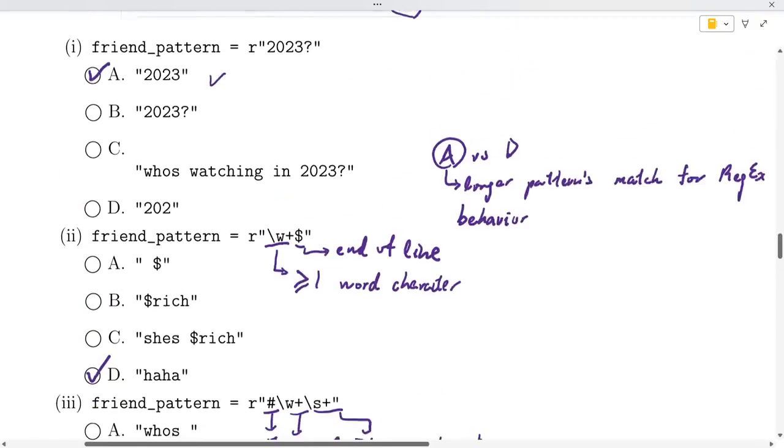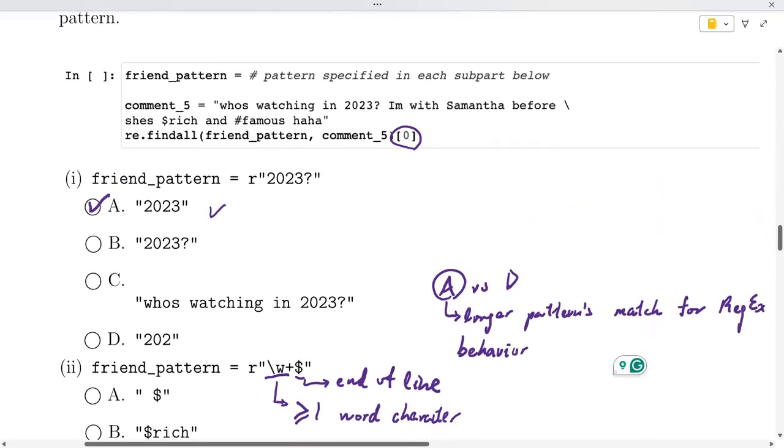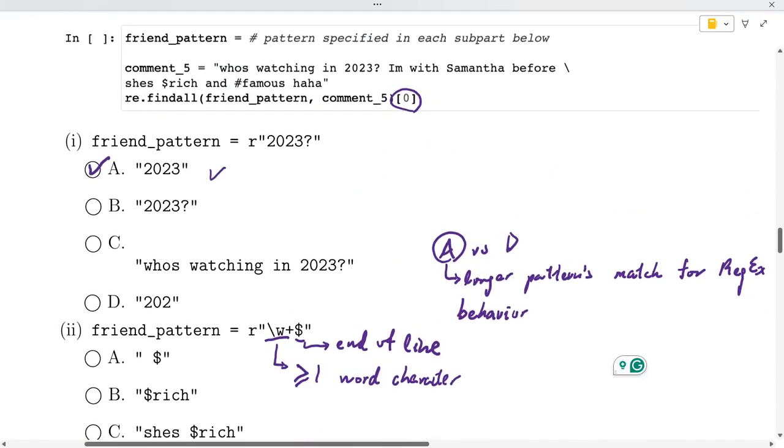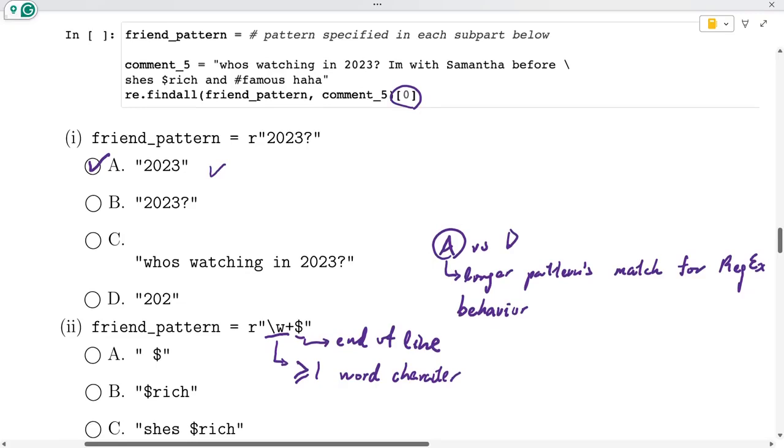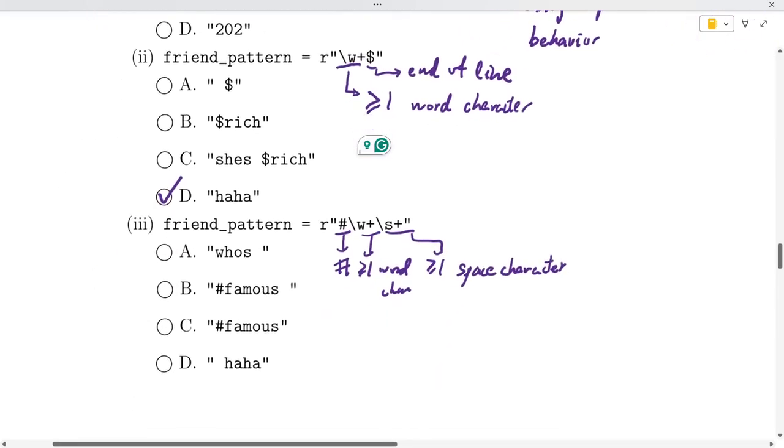But in this case, there's only one space after every single word, so it's okay. So now we look for where hashtag happens. The only place where hashtag happens is here, hashtag famous, and you capture famous itself, it's 6 word characters, so it's fine, we're going to capture it. There's a space after it, we're also going to capture it because there's a warranted space character here. So the answer is B.